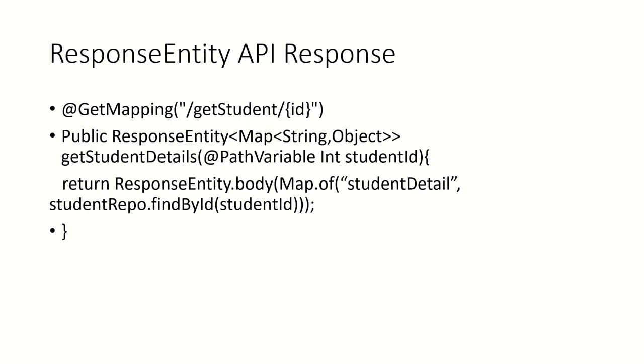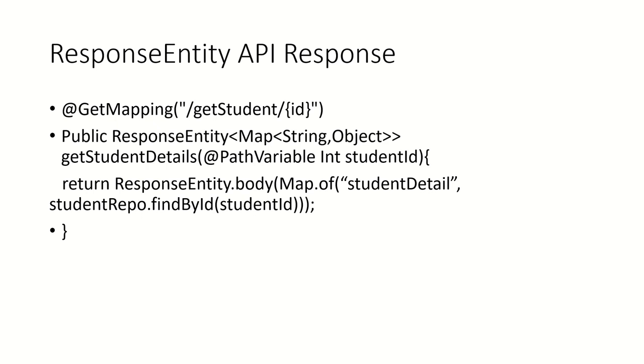But if you want to return some other fields like HTTP headers, like status code along with the body, then you can go with the response entity way of returning your API.